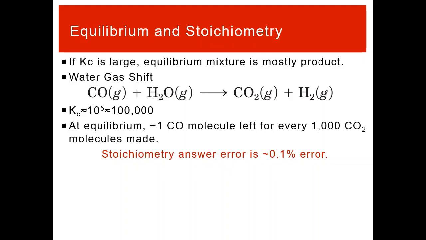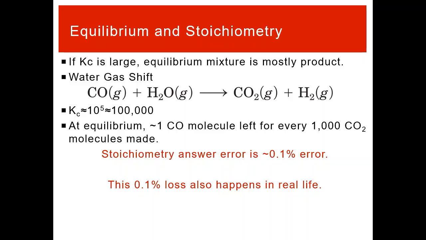One of the things we want to think about, though, is not necessarily just the error of our stoichiometry problems, but collecting product in real life. If your stoichiometry answer is off by 0.1%, that means your theoretical yield is off by that, right? What you theoretically could get, how much product you could theoretically get from all these reactants, because there is unreacted reactant.